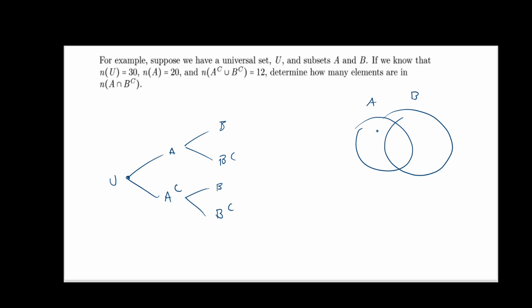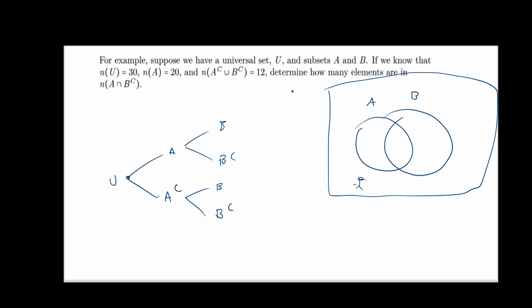You can be in A and in B, or A and not in B. You can be just in B and not in A, and this here, if you have a universe like this, not in A and not in B, meaning you're here. Okay, so I depict all the regions of my Venn diagram in just this small tree here.